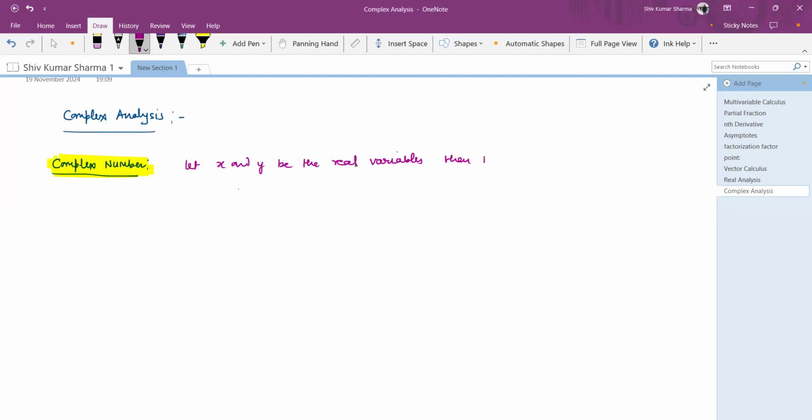Then the ordered pair x, y is called a complex number with real part x and imaginary part y.